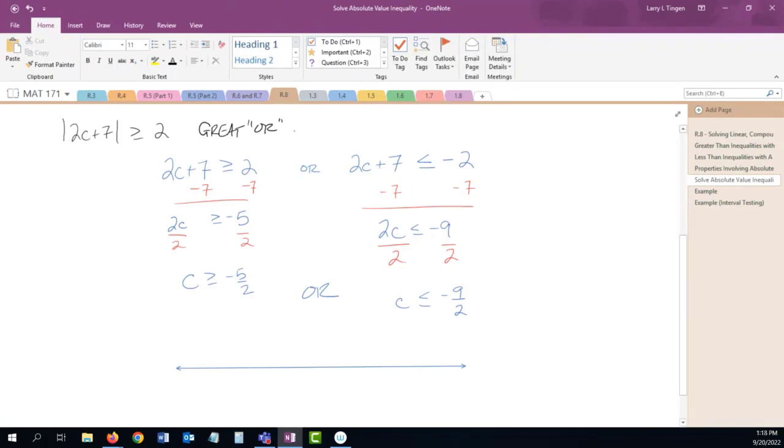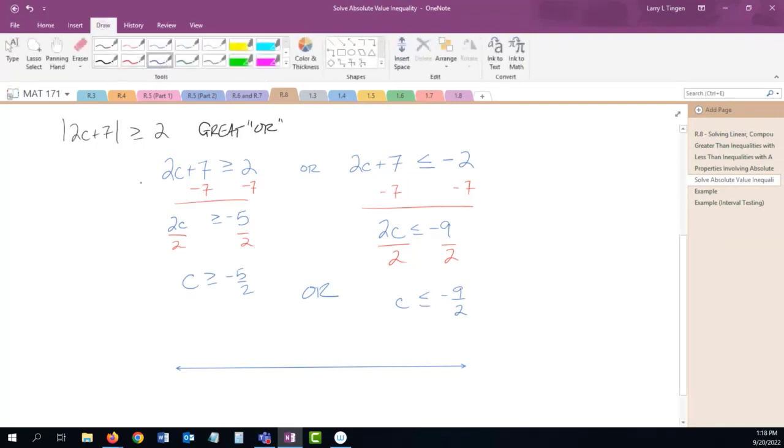Just as a little aside, -5/2 is -2.5. That's 2 goes into 5 twice with a 1 left over, so that's 2.5.